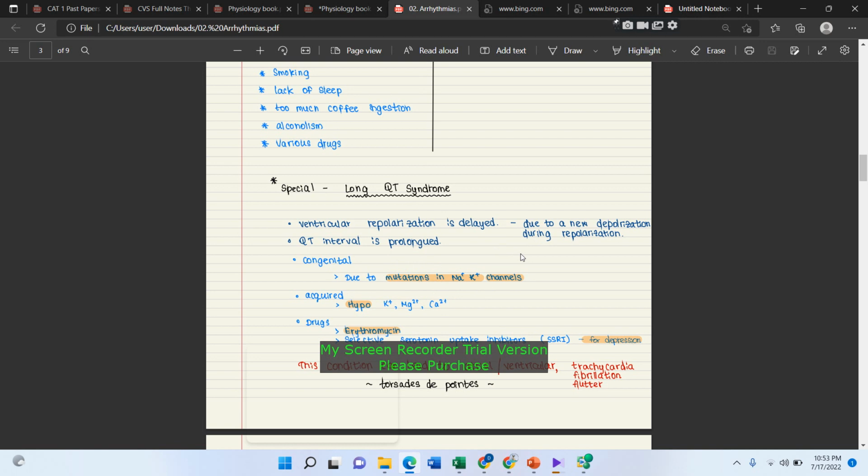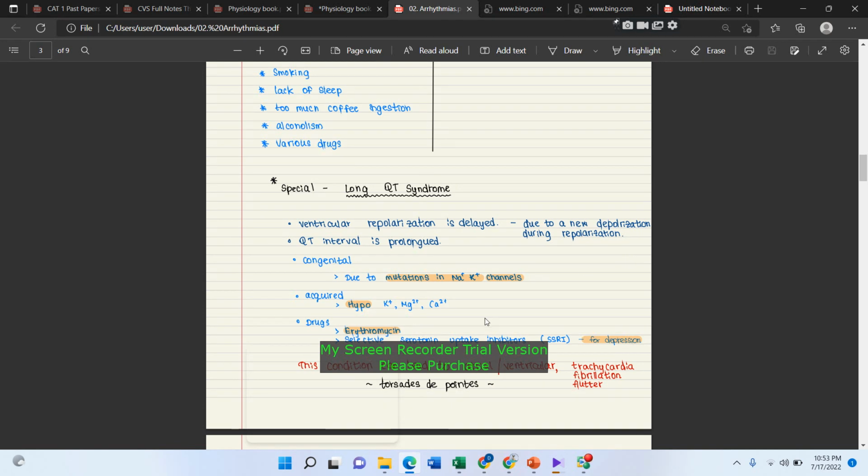You get this long QT syndrome, or acquired ones. When you have lower levels, hypo meaning lower, of potassium, magnesium, and calcium ions in your blood, long QT syndrome can be acquired, right? Decreased levels of potassium, magnesium, and calcium can be a reason for this during repolarization.